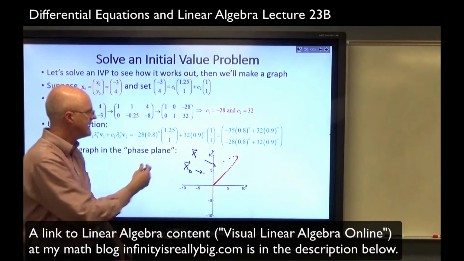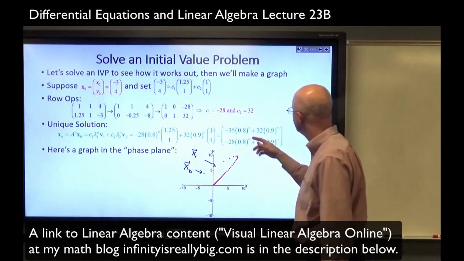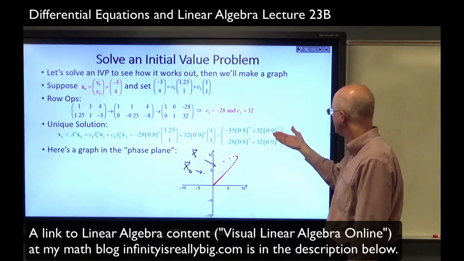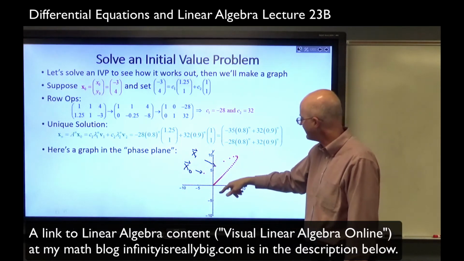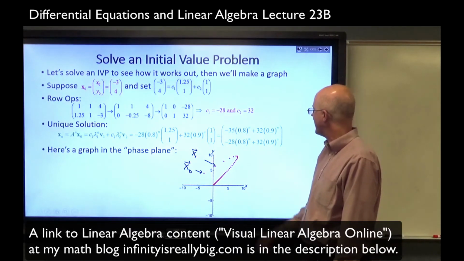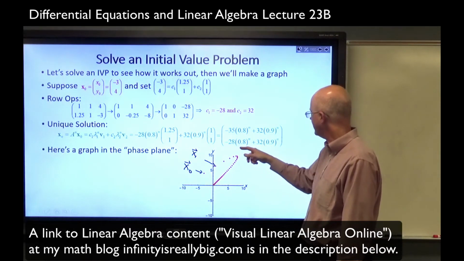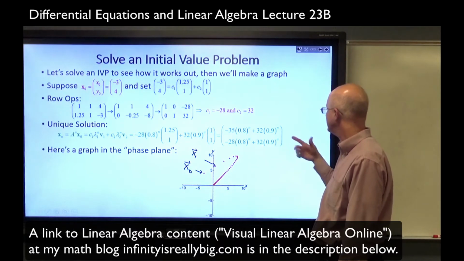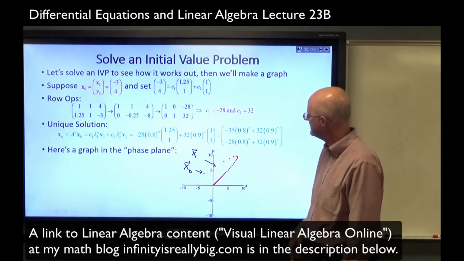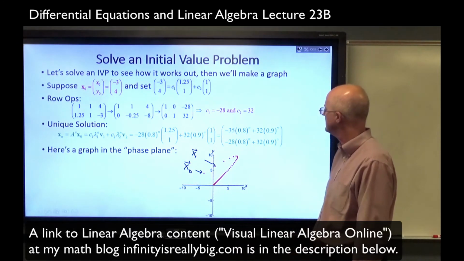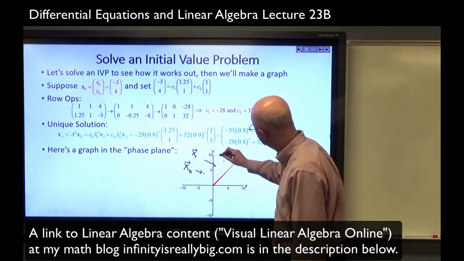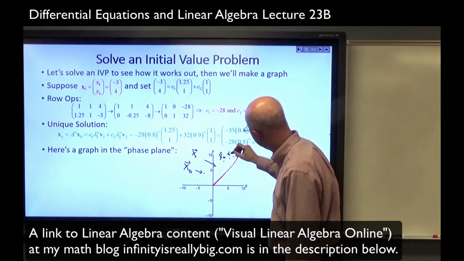For this example, plug in n equals 1. -28 times 0.8 to the first, plus 32 times 0.9 to the first, is evidently a small positive number, the first component. And plugging in n equals 1 here, -28 times 0.8 to the first, plus 32 times 0.9 to the first, is evidently a positive number close to 6, the second coordinate at that point. Check it out and try it. And this is going to be x2, x3, etc.